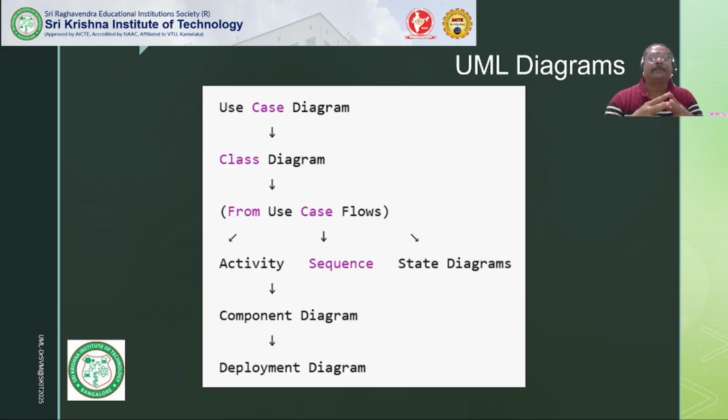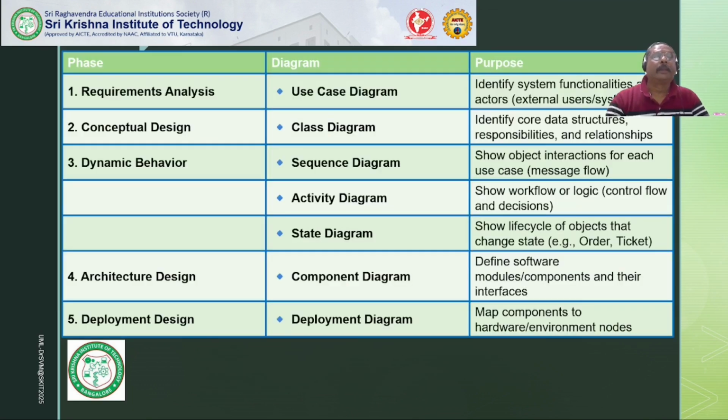And once these diagrams are over, then identify the various components involved in the system and see how they are interconnected, software components and all. And finally look at the various things like hardware and software and how they are interrelated, how the whole thing is deployed through the deployment diagram.